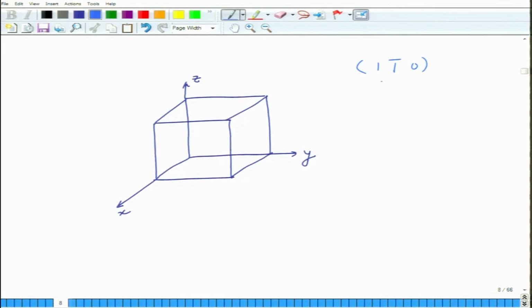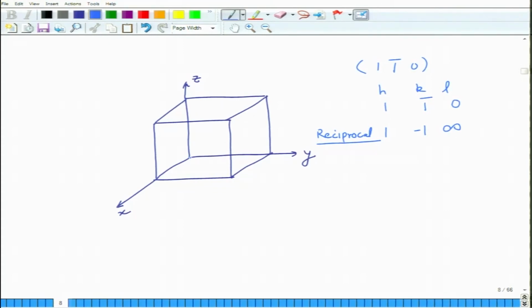I can see that HKL is 1 minus 1 0. The intercepts are 1, minus 1 and infinity, taking reciprocals. So, if I now look at it, I have k as minus 1, which means I need to choose an origin so that I am able to go minus 1 distance in the y direction.